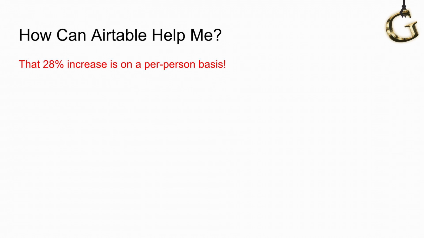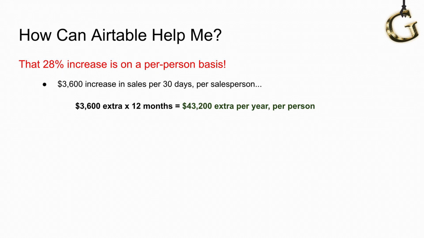Like I said, if you have a sales team, you're talking about crazy money. We have a $3,600 increase in sales per 30 days per salesperson. For a year, if that were to stay consistent, that's $43,000 extra a year per salesperson. Now, granted, I know that not everything stays consistent, but it can.